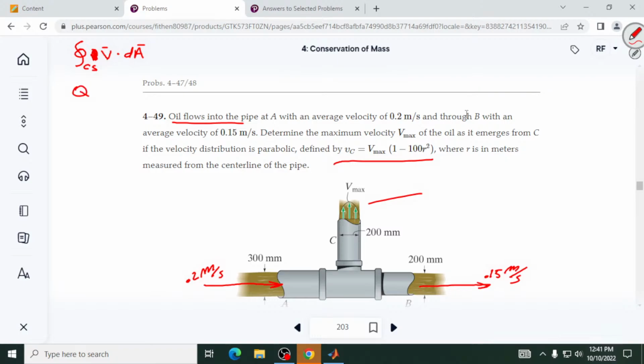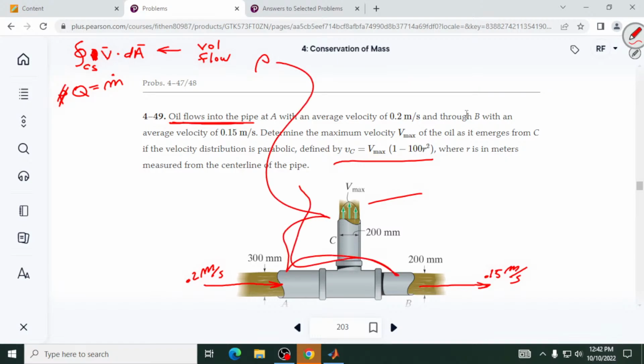The volumetric flow rate times the density is equal to m dot. That's kind of a definition. So if I drop this off, this is not really m dot. This is the volumetric flow rate, which is okay because it's oil and the density is the same here as it is there. There's no added fluid other than the oil. We're not mixing anything.